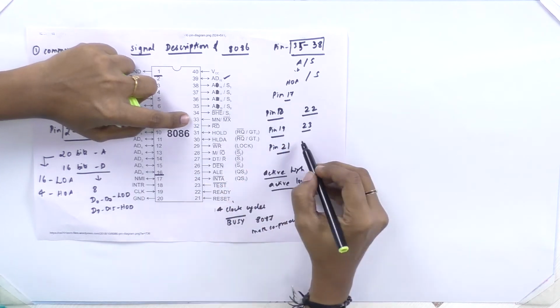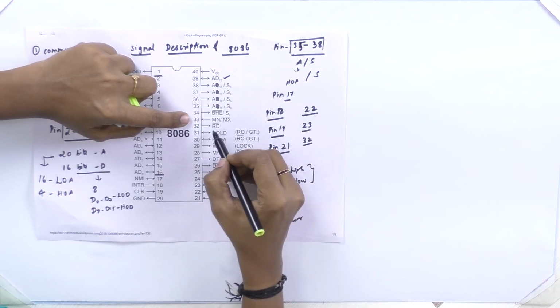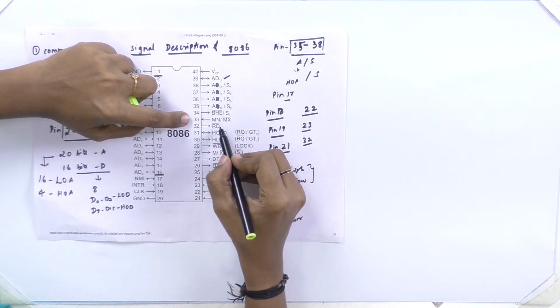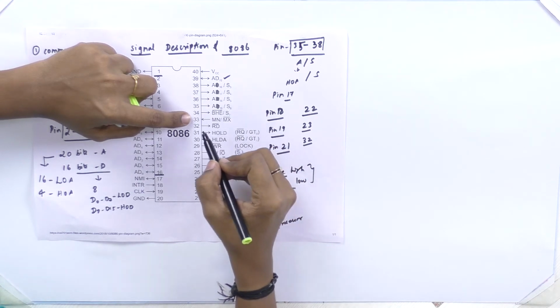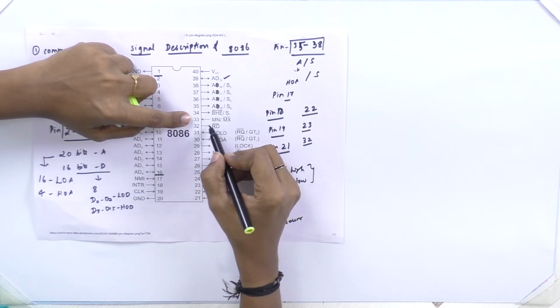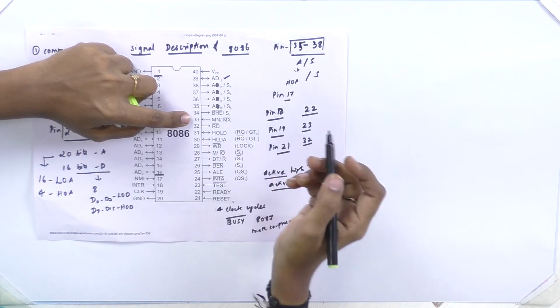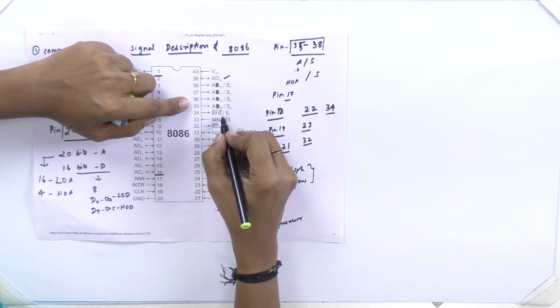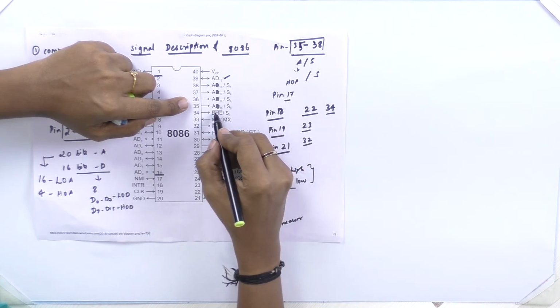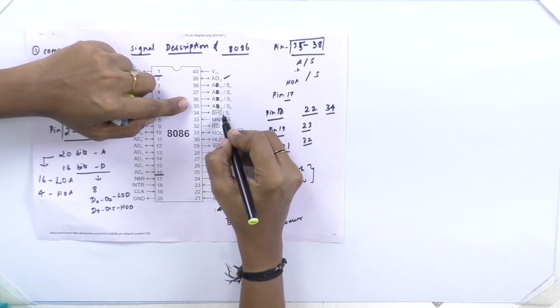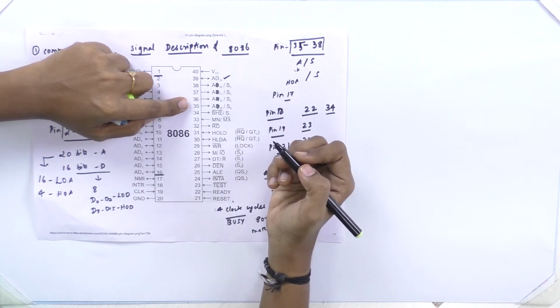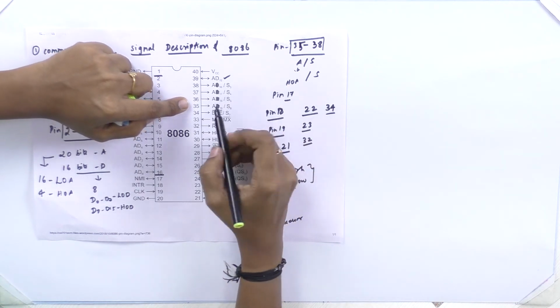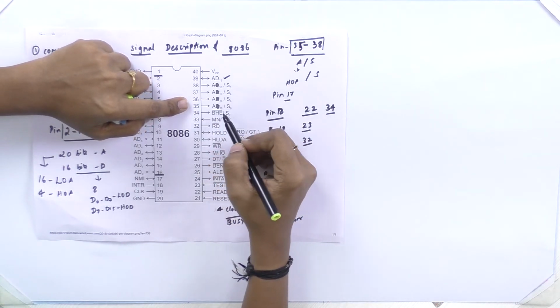And pin number 32 is called the read pin and it is also an active low signal. It means that the processor performs its read operation using this pin. And pin number 34 is called BHE and it is also an active low pin and it is multiplexed with S7, that is status pin S7. BHE refers to bus high enable.